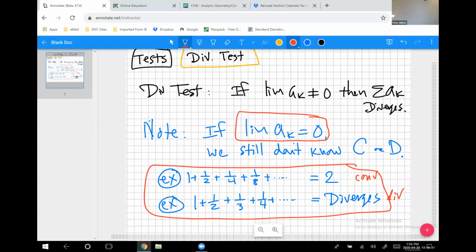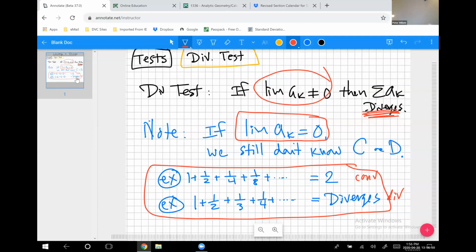The fact that the terms go to 0 is not enough to tell us convergence or divergence. So what the divergence test tells us is that you have to have the terms go to 0 just to have a chance for convergence. But if they do not go to 0, then there's no possibility other than divergence. So that's what the divergence test was all about.